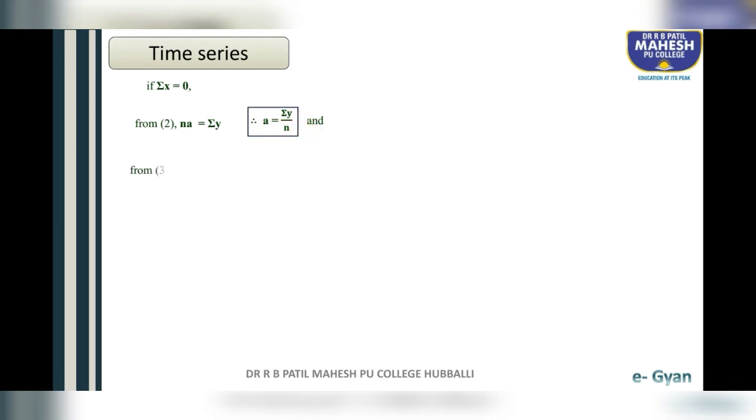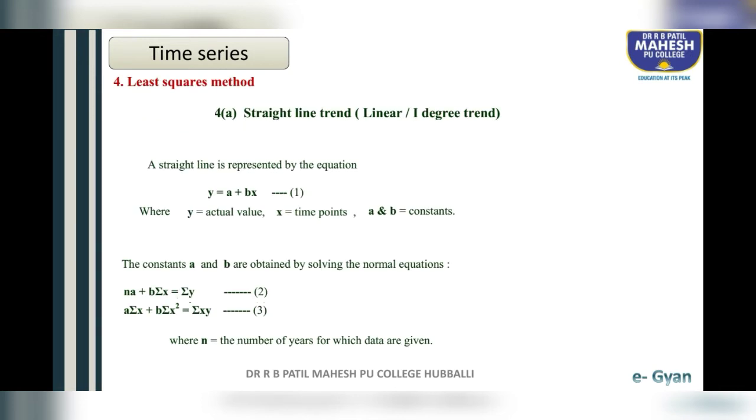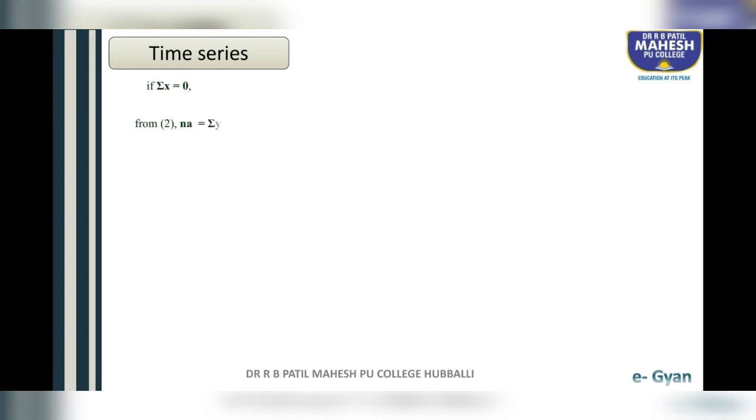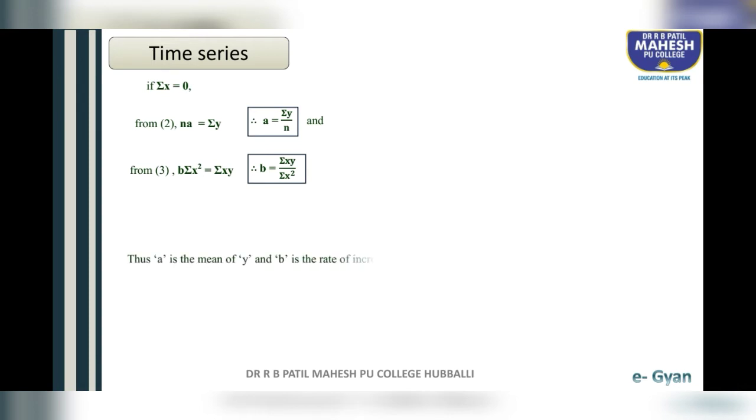And from equation 3, if you put summation x is equal to 0, it becomes b summation x square is equal to summation xy. So therefore b is equal to summation xy divided by summation x square.